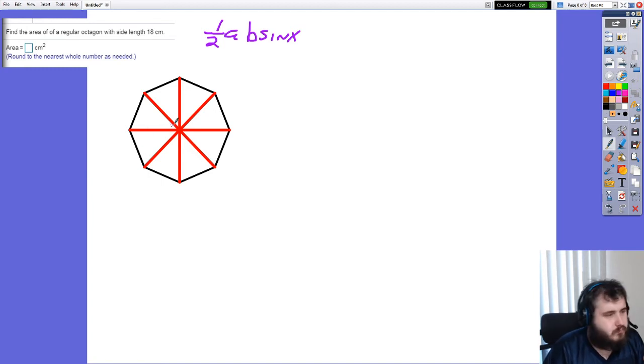So we're going to count. We got 1, 2, 3, 4, 5, 6, 7, 8 triangles to work with, and together all these central angles make 360. So 360 divided by 8 is 45, right? So that is x. X is 45.